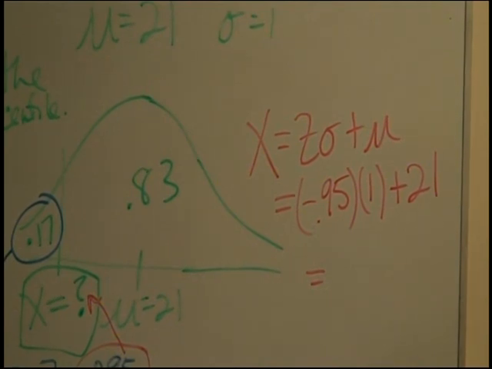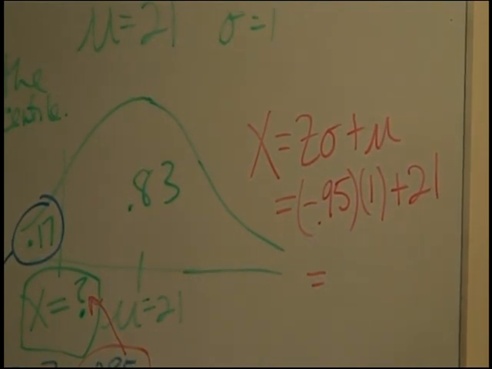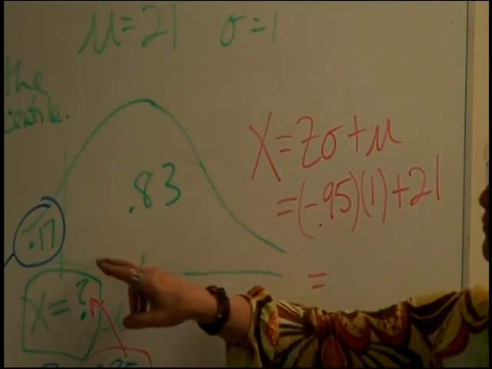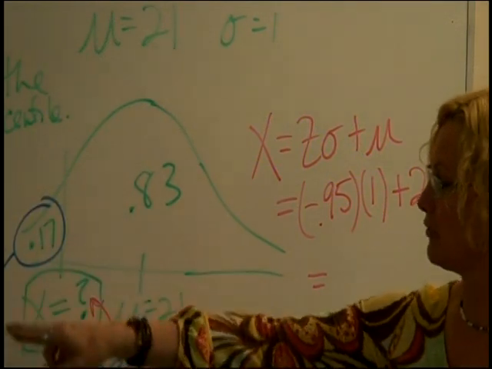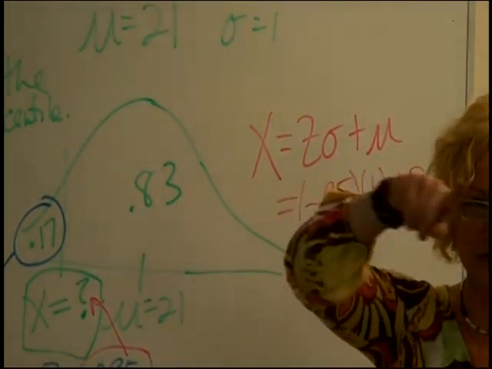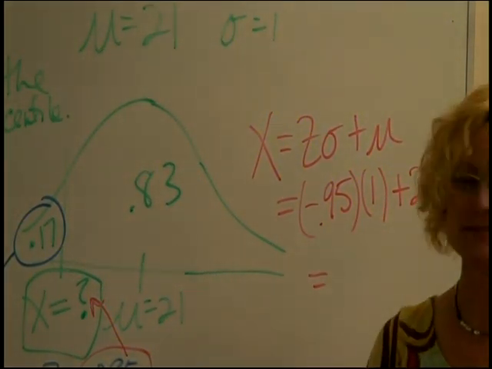All the pieces you need will be given, but you have to keep straight what you have and what you need. Here, you've got a probability and you're looking for a z, so you look in the middle of the table, not on the edge. What do we get?